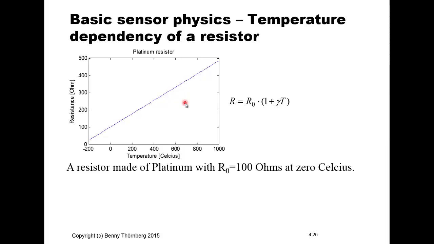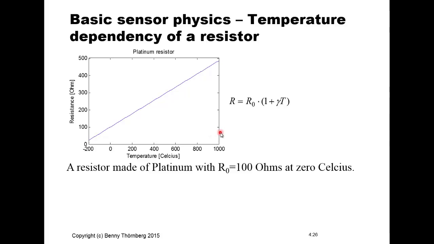And this is a thin metal wire, where you can adjust the length and the cross area of this wire such that the resistance at 0 degrees can correspond to 100 ohms. This is what they have been doing here in this graphical presentation.